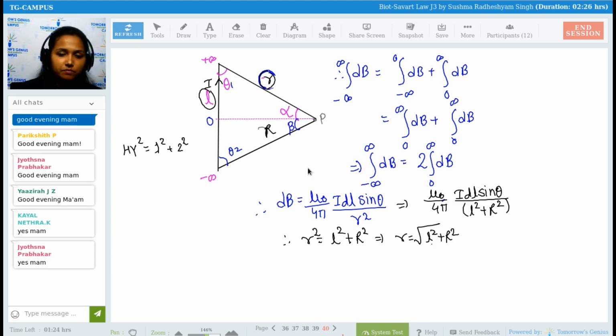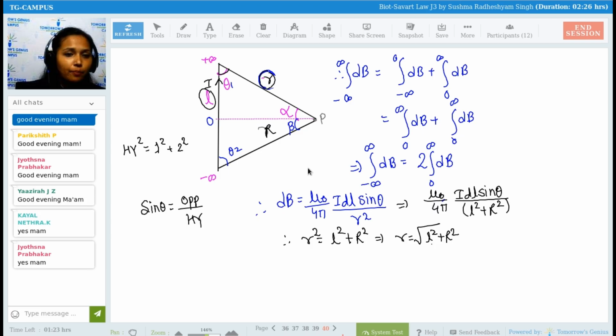If this is the theta angle, so what is the sine theta value? How do we define sine theta, dear? It simply defines opposite upon hypotenuse.